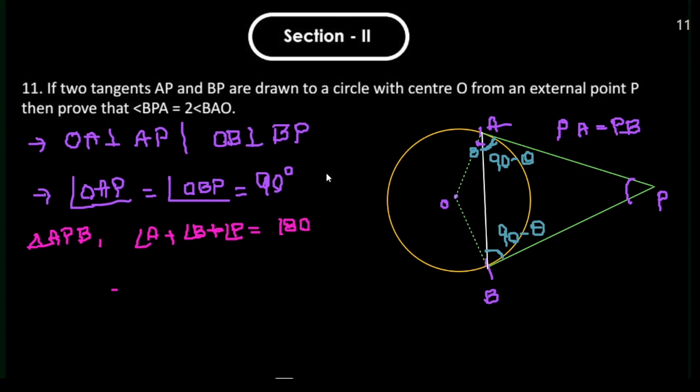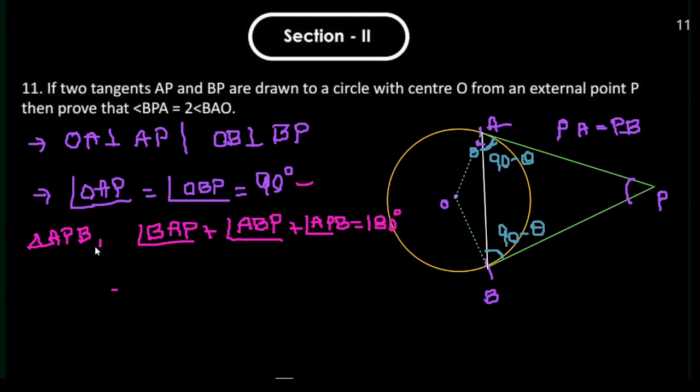To understand it clearly, let's write the whole angle: angle BAP plus angle ABP and angle APB. It is equal to 180 degrees, right?